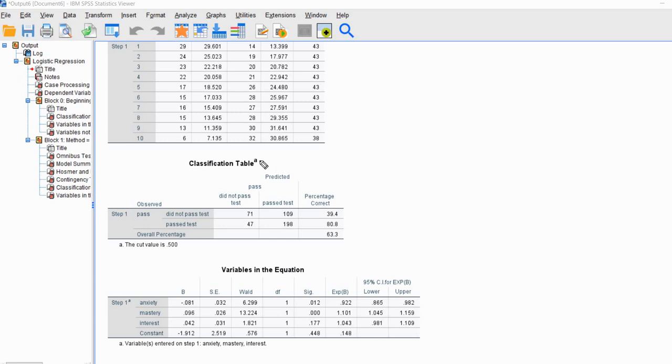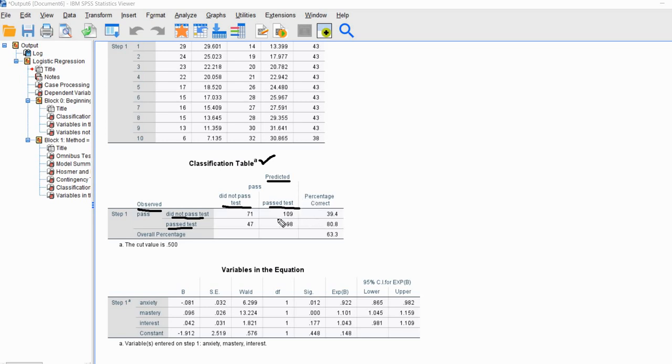The next piece of our output, you can see right here, is a classification table. You'll notice that in this output we have the observed outcomes and the predicted outcomes based on our model. With respect to the observed outcomes, you have our two outcomes for the pass variable: did not pass the test and pass the test, and the predicted outcomes of basically did not pass the test and pass the test.